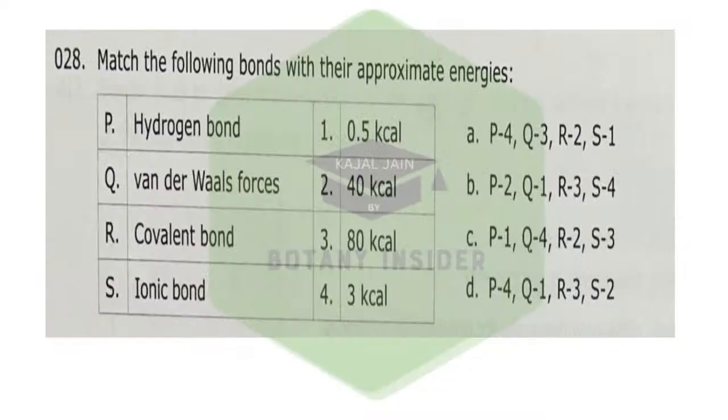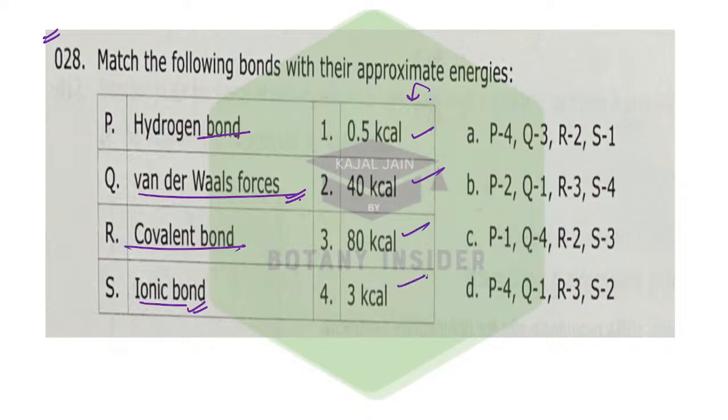Then, see, there was a question asked in 2019 where you have various bonds given and their energies. First one is hydrogen bonds, then van der Waals forces, covalent bonds, and ionic bonds. And over here you have their energies.